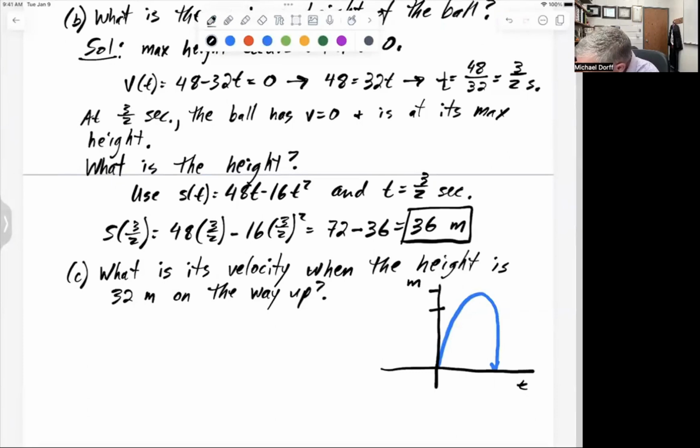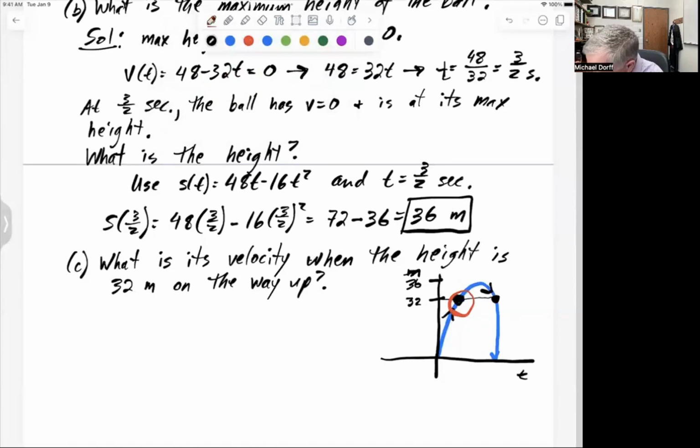We know at the very top it's 36 meters, and 32 is going to be below that. Well, there's going to be a time up here where it's going up and has a height of 32 meters. And there's another time here where it's going down. So this is going up, this is going down, where it also has a height of 32 meters. So we're interested in this first one here.